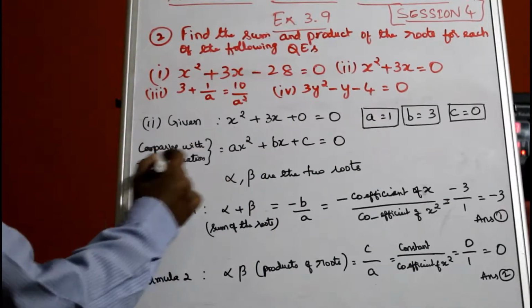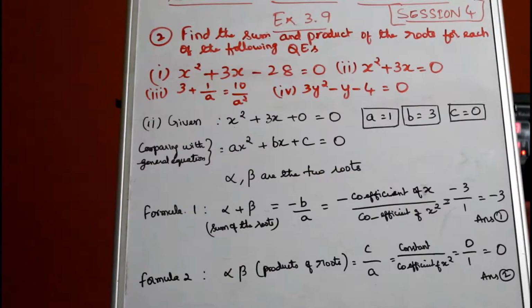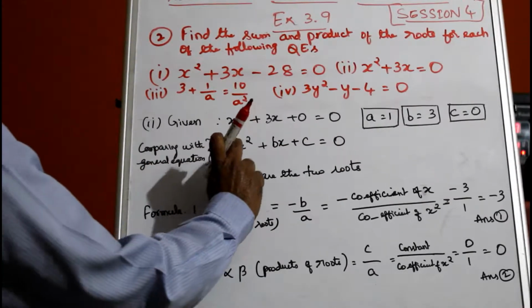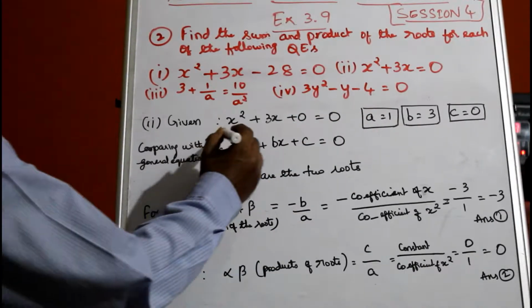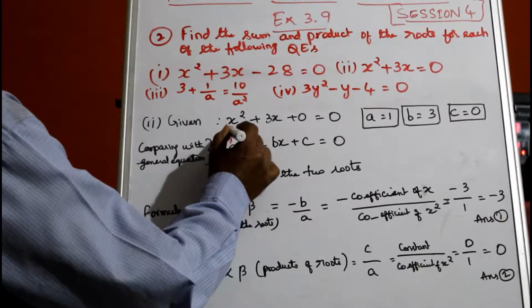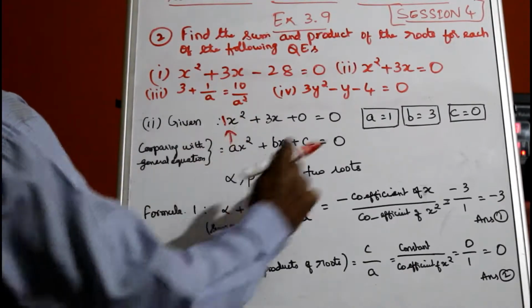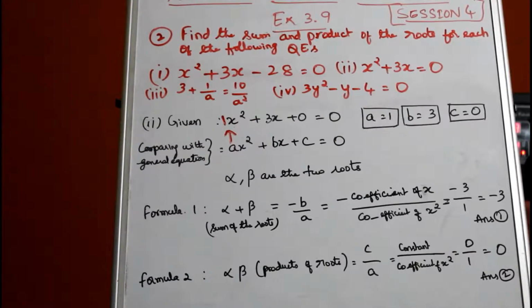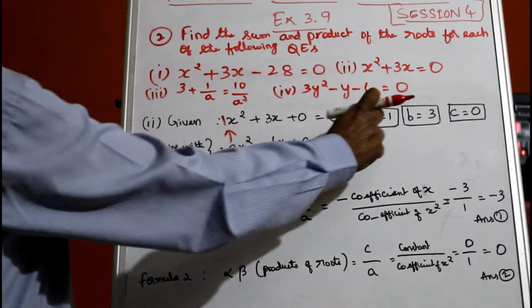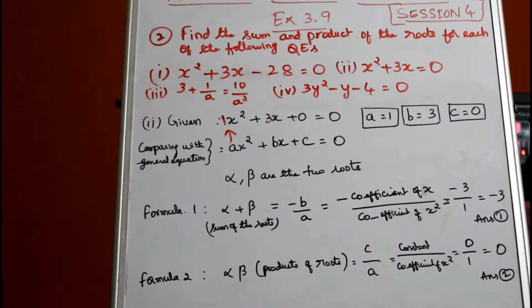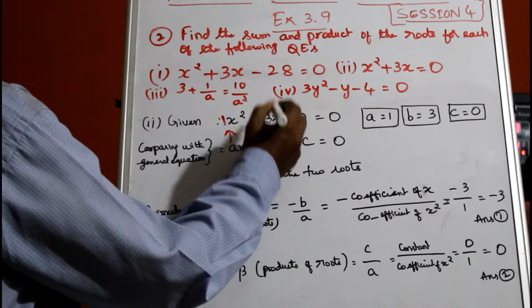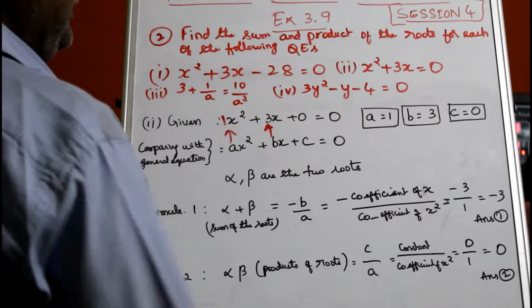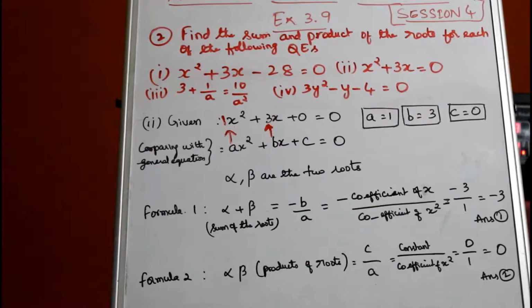Now compare with the general quadratic equation. I told you the general quadratic equation is ax square plus bx plus c equal to 0. Now a is called the coefficient of x square, which is 1. b is called coefficient of x, which is 3.